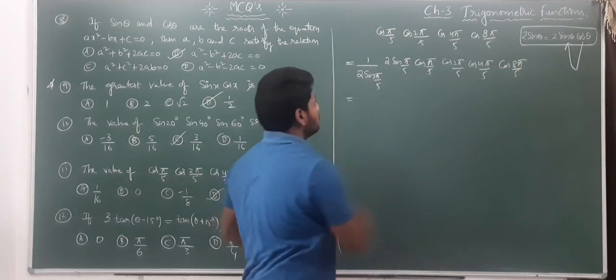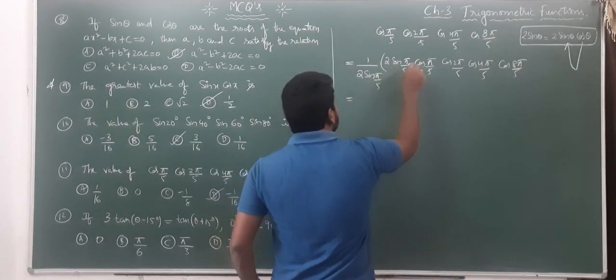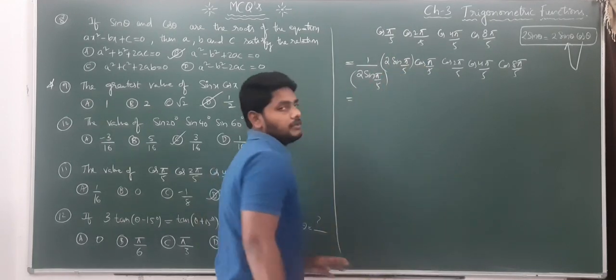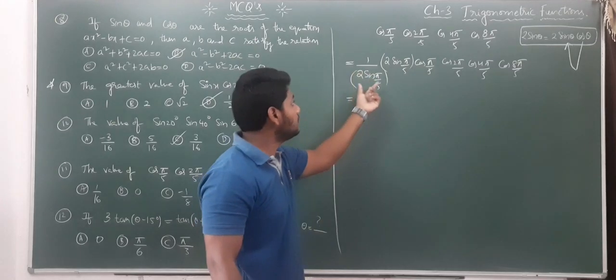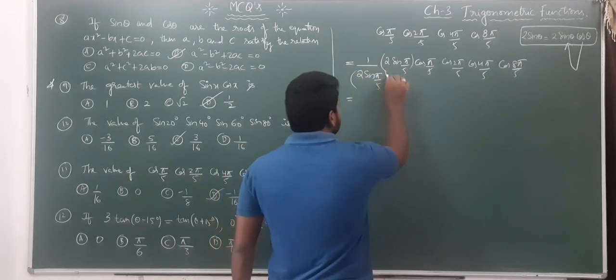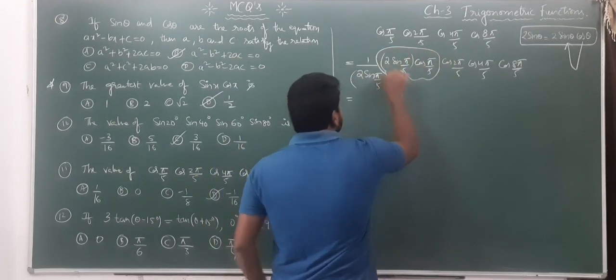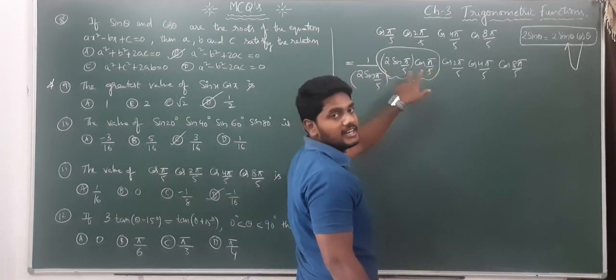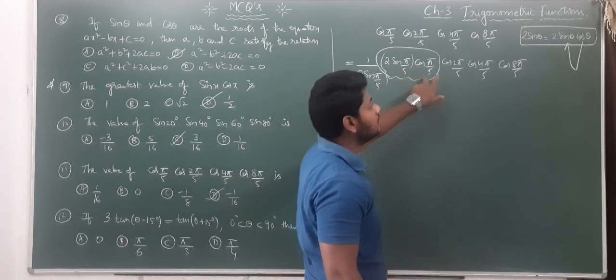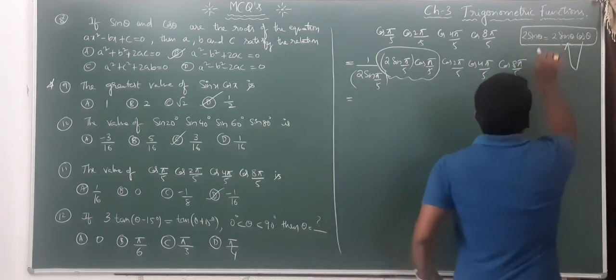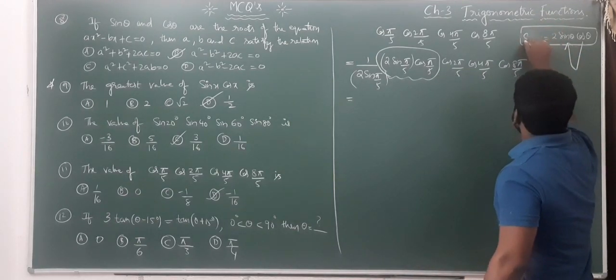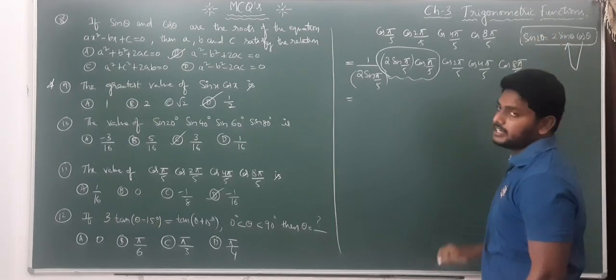See here, observe this logic. What I have done is multiply and divide with 2 sin pi by 5. These two will be cancelled, nothing will happen to the equation. But why I am multiplying this is, this will be converted into 2 sin theta cos theta. Angle same, no? What is that formula? 2 sin theta cos theta is sin 2 theta.